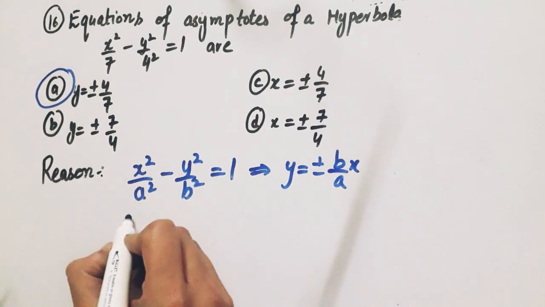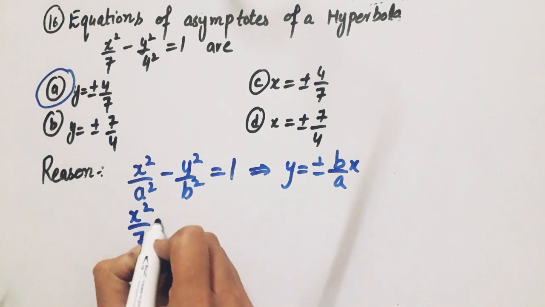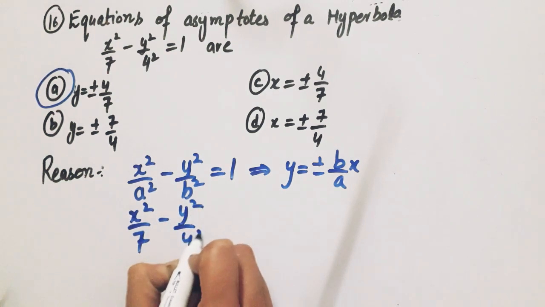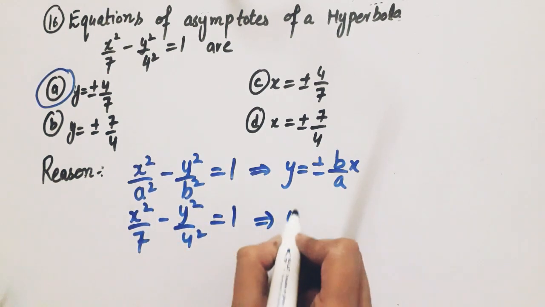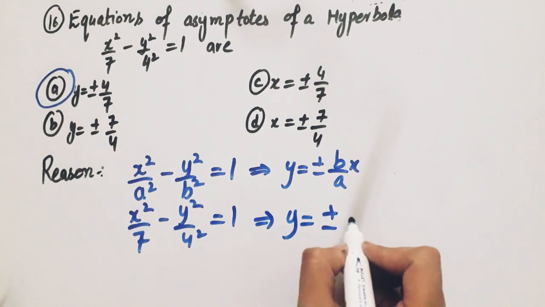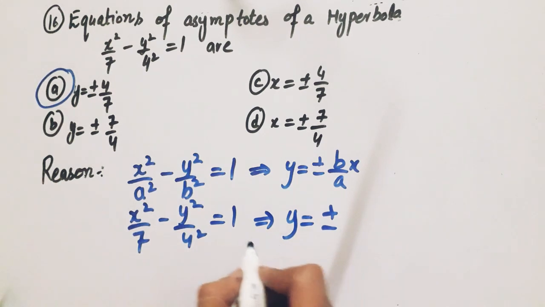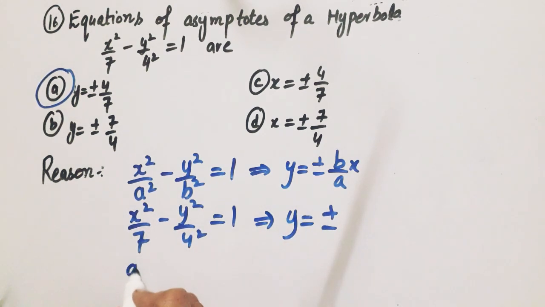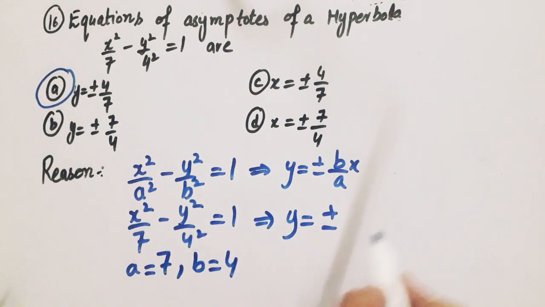In the given equation we have x square by 7 minus y square over 4 square is equal to 1, which implies that y is equal to plus minus, where the value of a is 7 and the value of b is 4, so 4 by 7. This is the right option. Now we will solve the 17th MCQ.